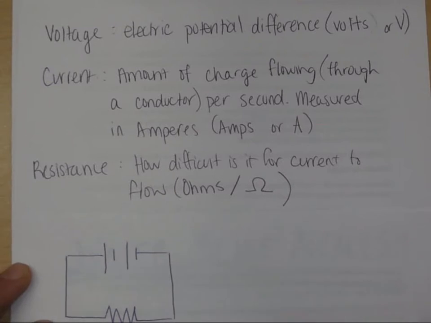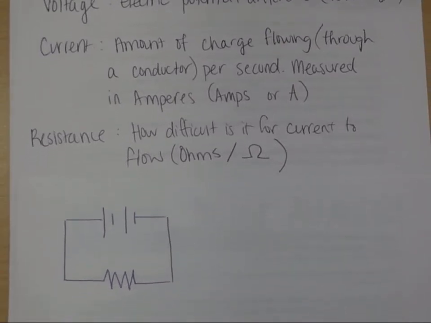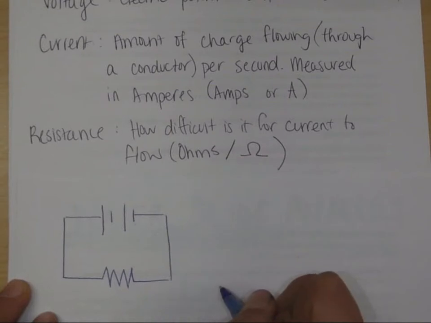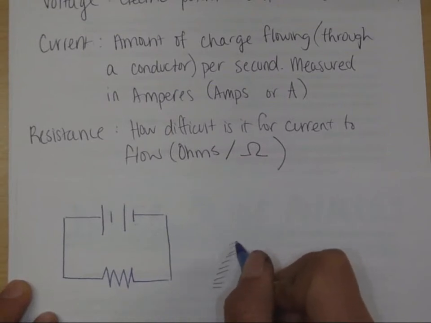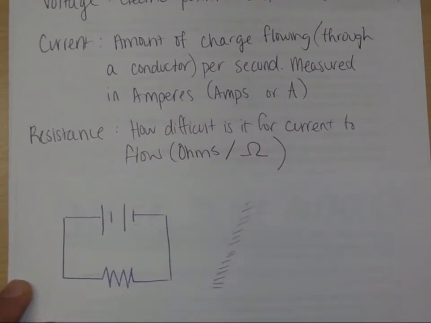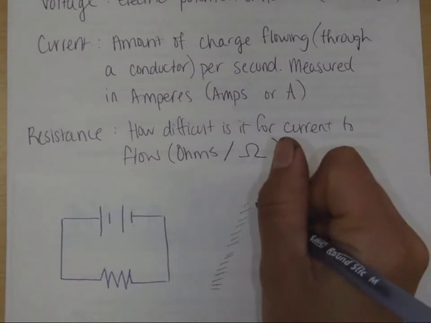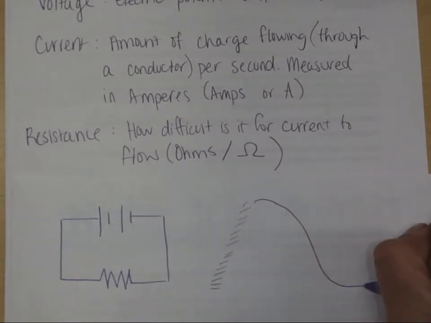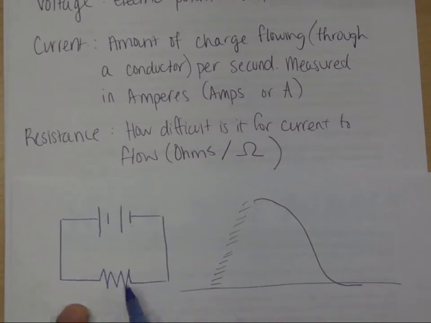Okay? So what I am going to do is here I have a case in which I have a power source. This is my power source, and that creates a voltage. And so my voltage is represented by this ladder. And then I have a resistor. So that resistor is here.